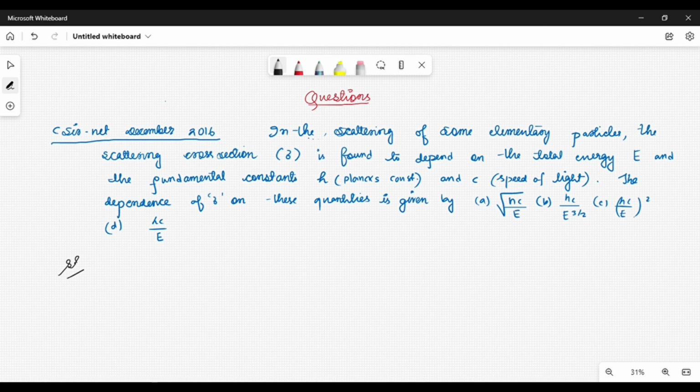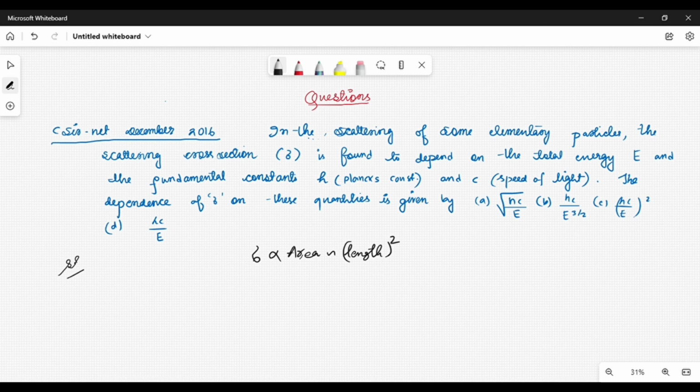We know the cross section is proportional to area, right? And area is equal to length square, right?